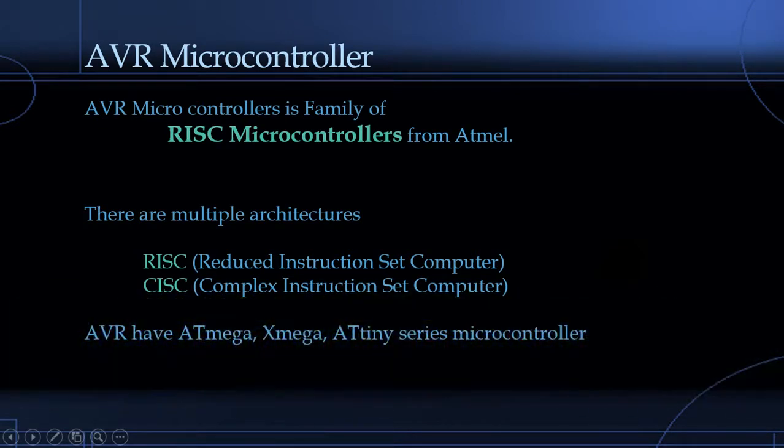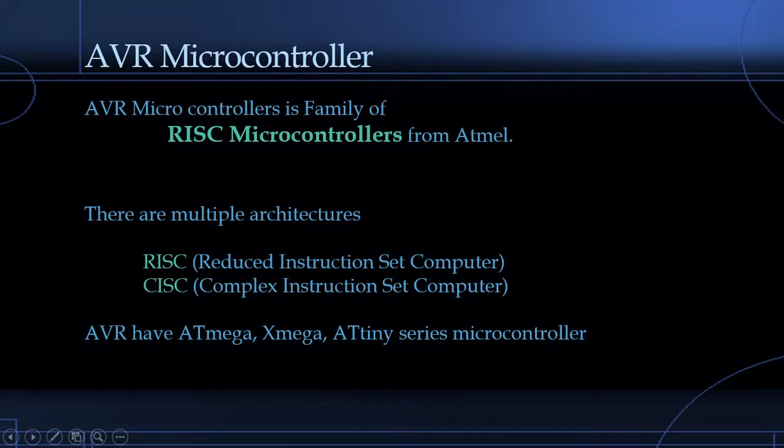Nearly 95% of instructions are one-clock-cycle instructions, and the other 5% take nearly 2 clock cycles, and very few instructions take 3 clock cycles to execute. RISC architecture has many other advantages over CISC.